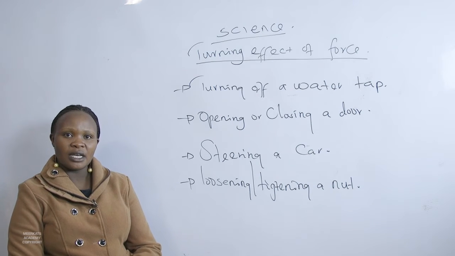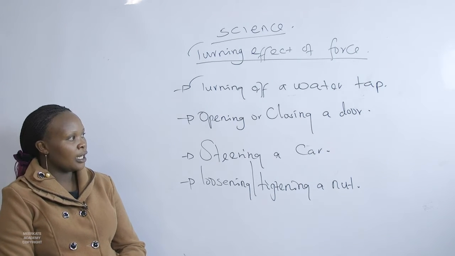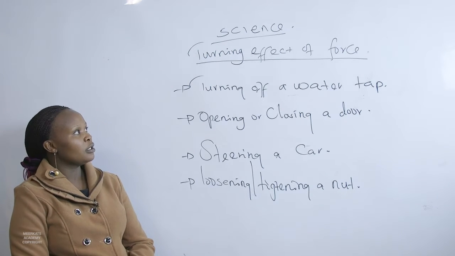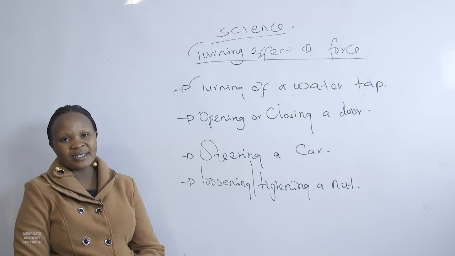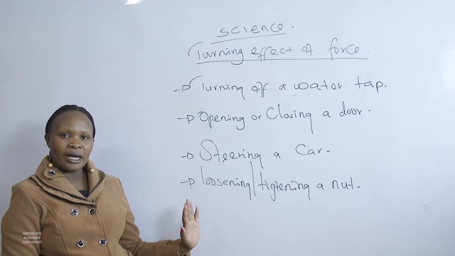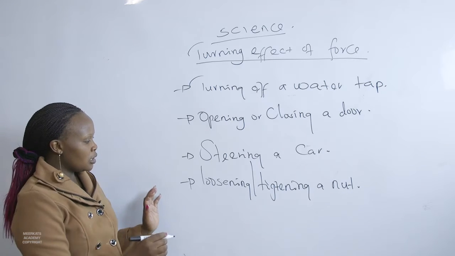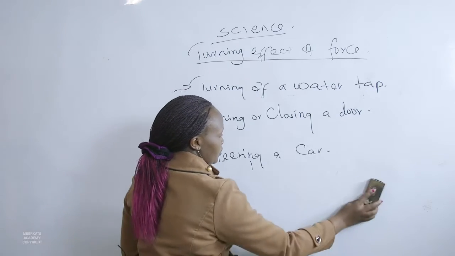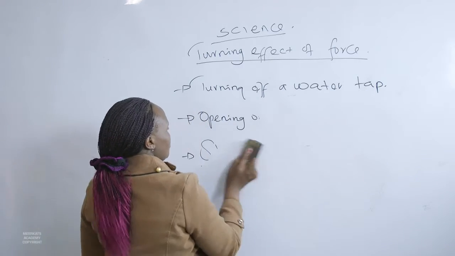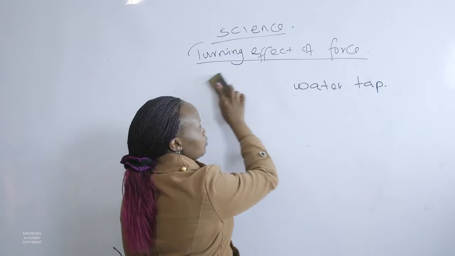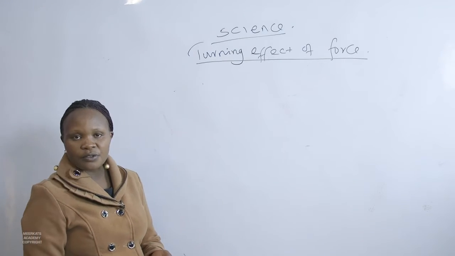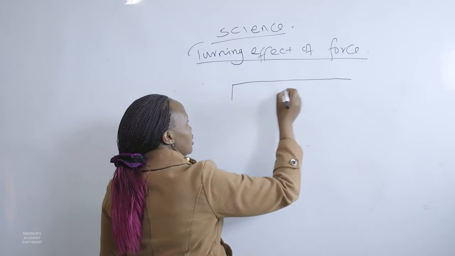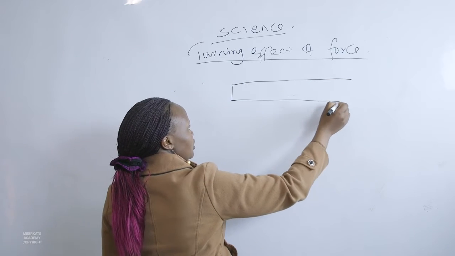Now, if we say that something is turning, it has to be at an angle. For example, if force is to turn something, there has to be a point of support through which that effect is supposed to be felt.